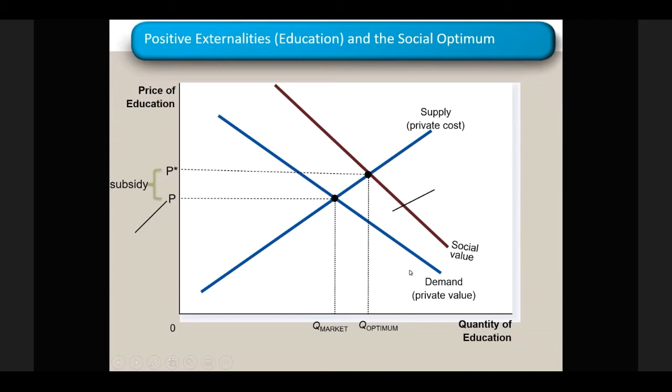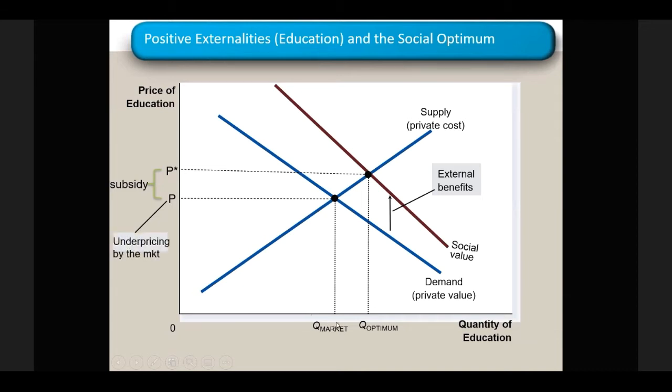So in this case, the firm will produce Q optimum and then charge P star. So the increase we have here is as a result of external benefits. So these are the benefits that accrue to others which are not factored into the production possibilities of the one who is making the decision by considering his private value to private costs.